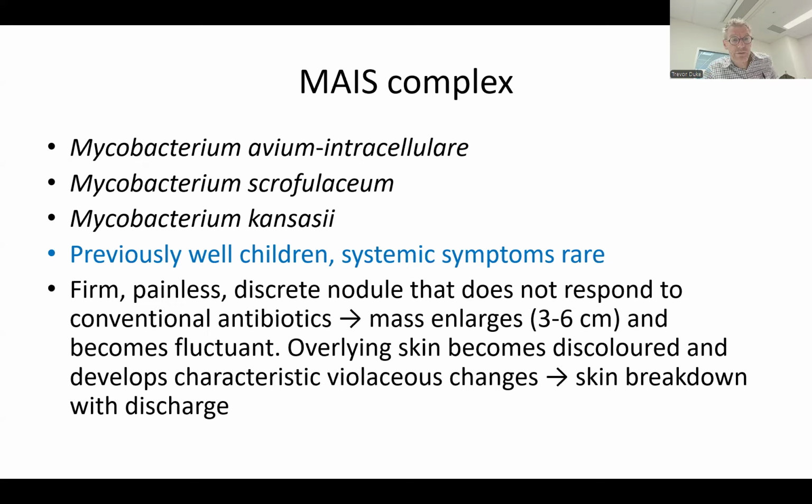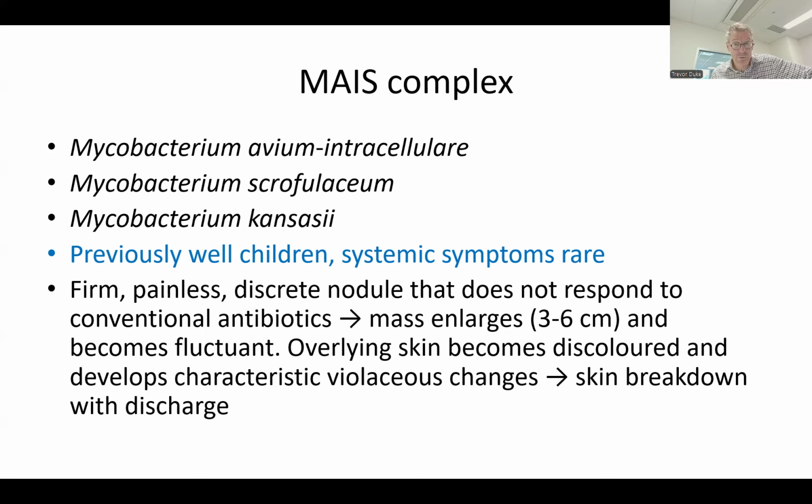And the distinguishing feature is that usually these children are previously quite well. They don't have the other features of Mycobacterium tuberculosis. They don't have pulmonary TB or systemic TB or more disseminated TB. It's usually just a firm, discrete, painless nodule that doesn't respond to normal antibiotics that you would give for Staph aureus, that keeps enlarging, and sometimes can get quite large, up to 6 centimeters, and becomes fluctuant.